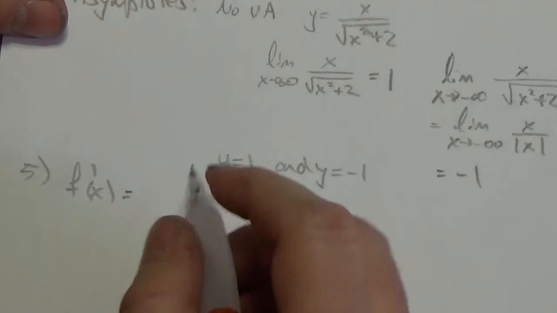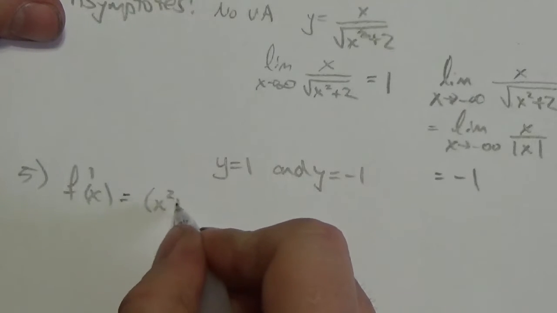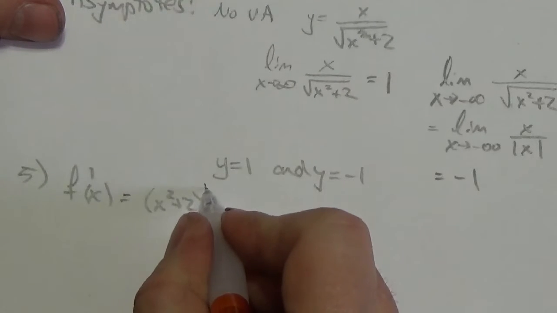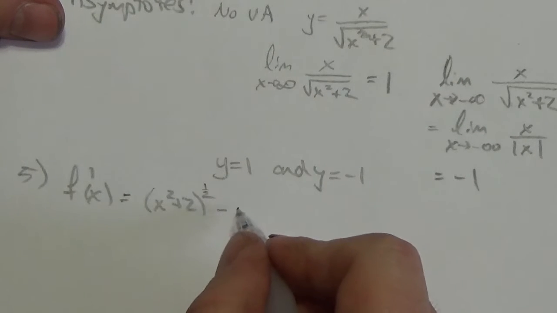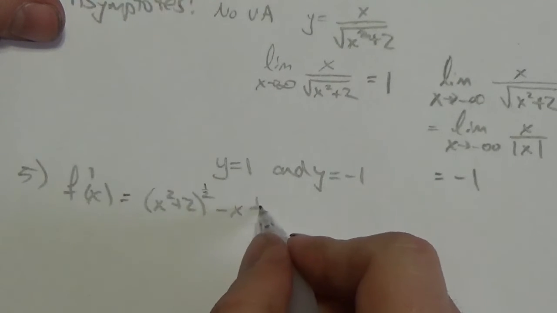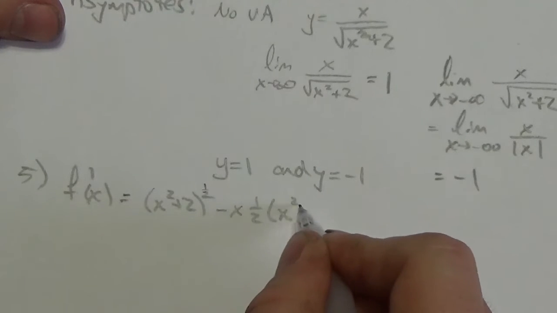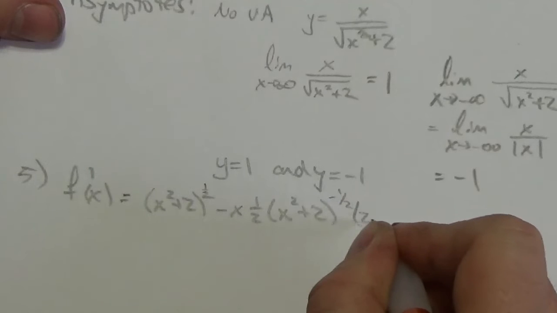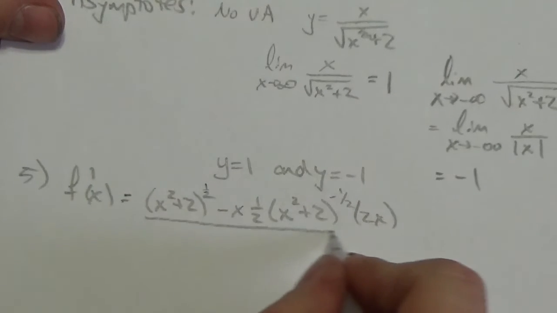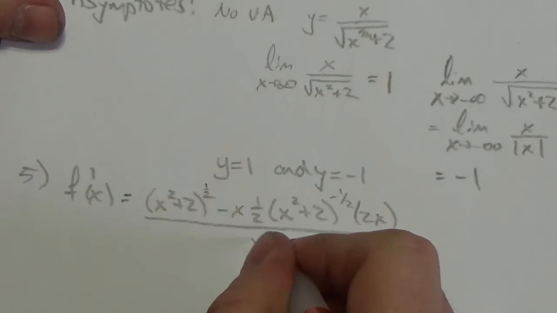So the derivative of the numerator is 1, multiplied by the denominator, x squared plus 2 to the 1/2, minus the numerator multiplied by the derivative of the denominator, 1/2 times x squared plus 2 to the -1/2 multiplied by 2x, all over the denominator squared.